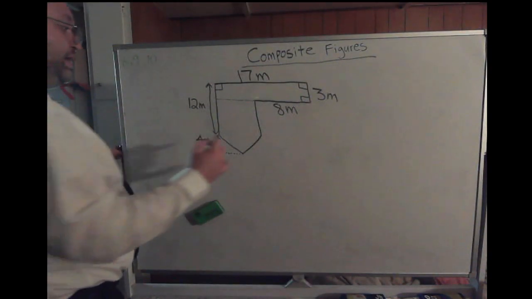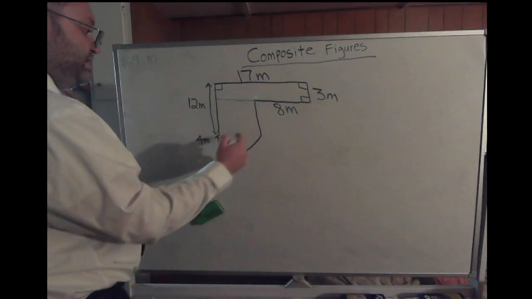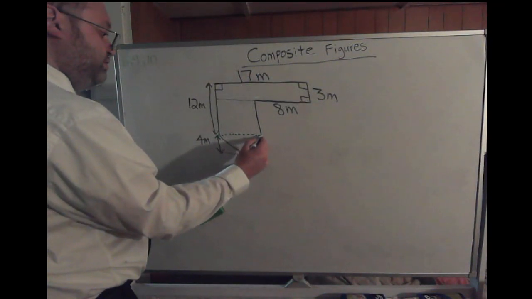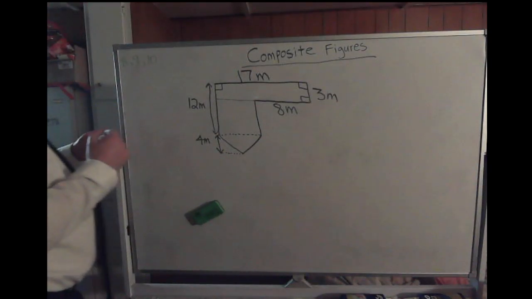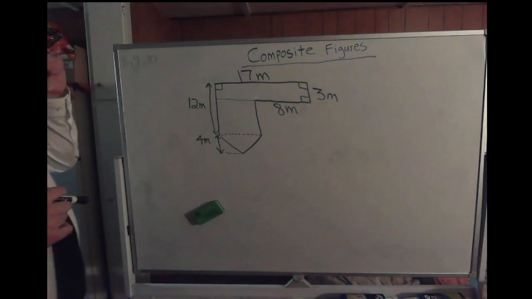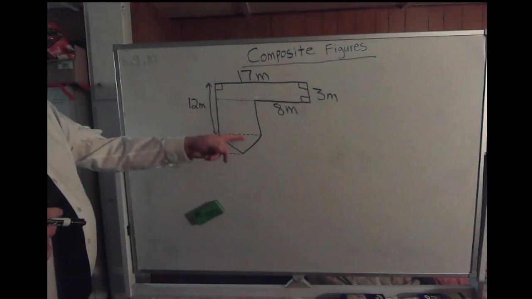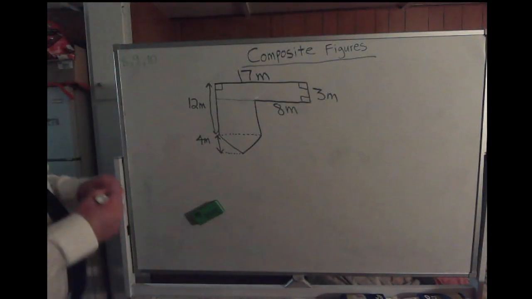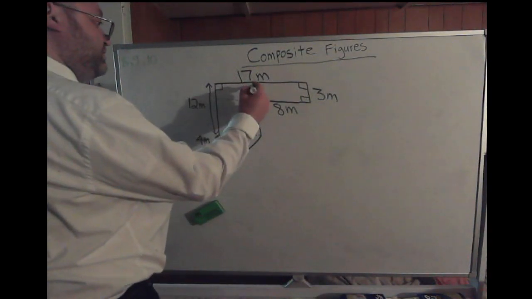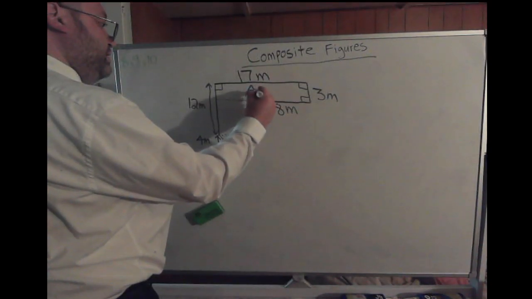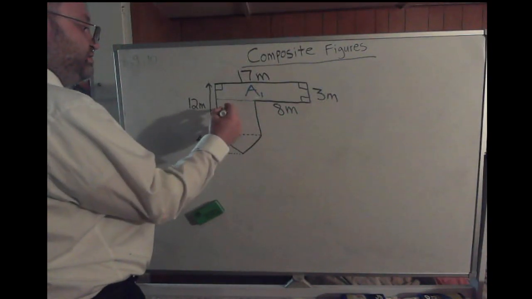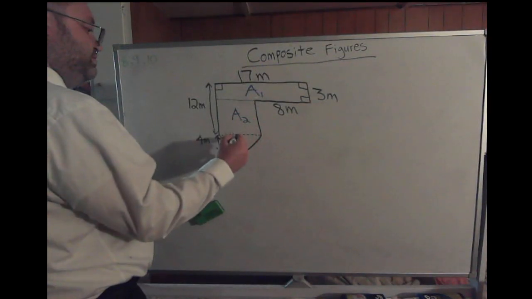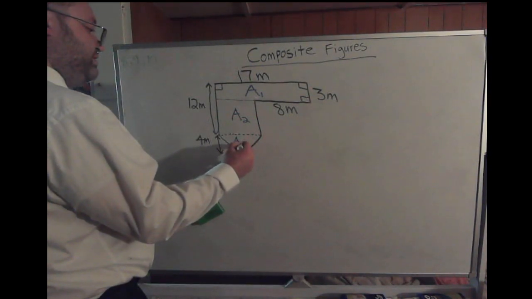Then at the bottom here, it clearly looks like you could form a triangle. So what you're going to have are 2 rectangles and a triangle. I will call this first one area 1 for our first rectangle. Our second rectangle will be area 2, and then the triangle, that'll be area 3.